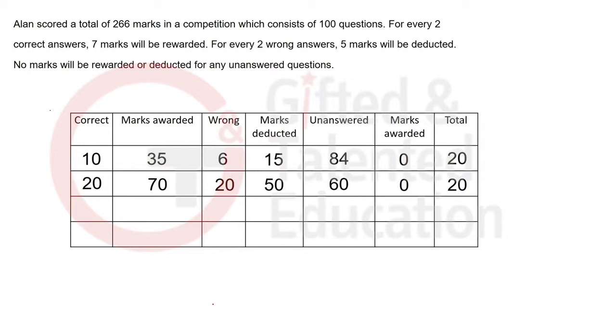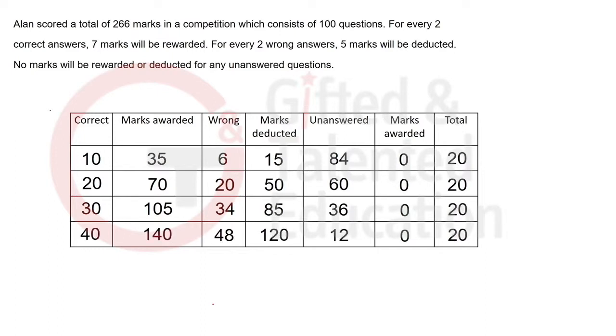If we further increase the number of correct answers, we have to further increase the number of questions answered wrongly and further decrease the number of unanswered questions while keeping the score constant, as indicated here.